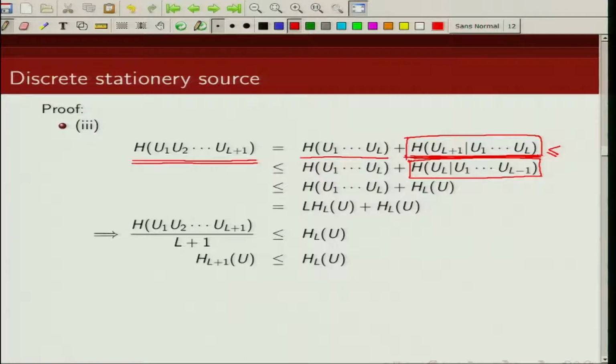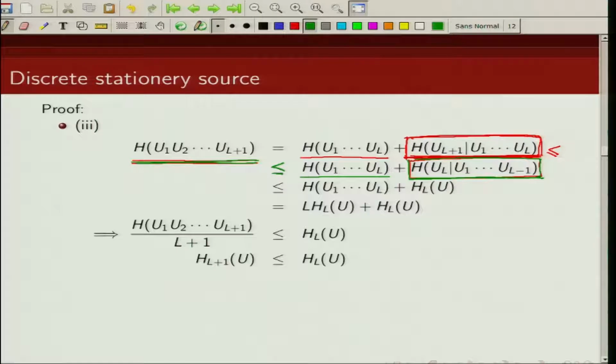So this follows from property 2, which we have proved, that uncertainty in UL given U1, U2, UL minus 1 is non-increasing as L increases. So since this term here is less than this particular term, this joint entropy is then upper bounded by the joint entropy of U1, U2, UL plus uncertainty in UL given U1, U2, U3, UL minus 1.